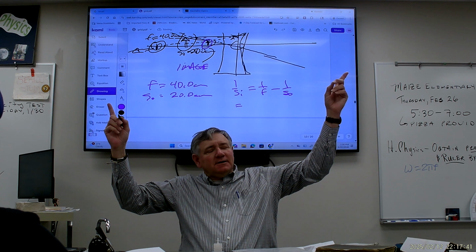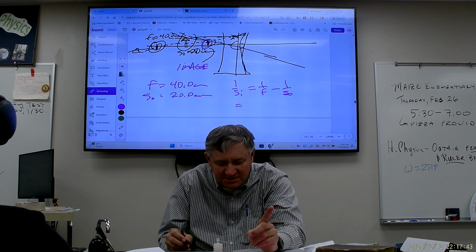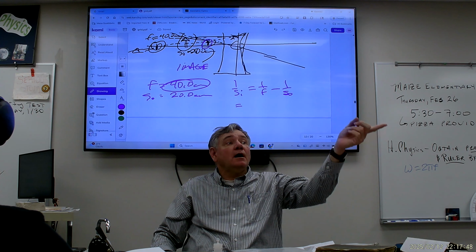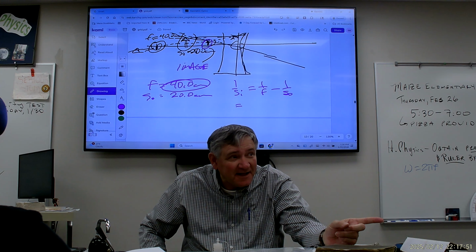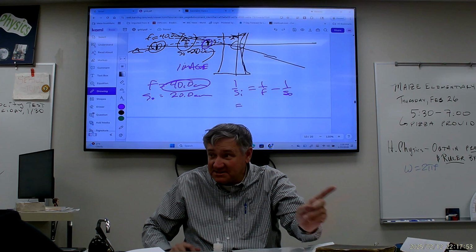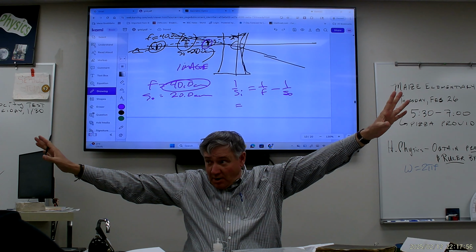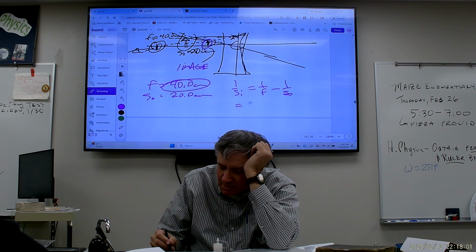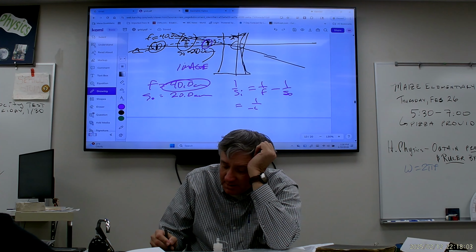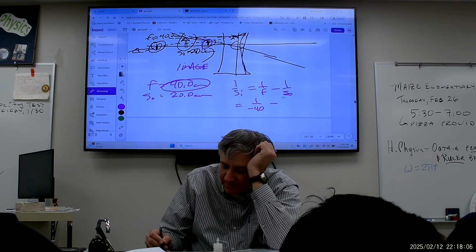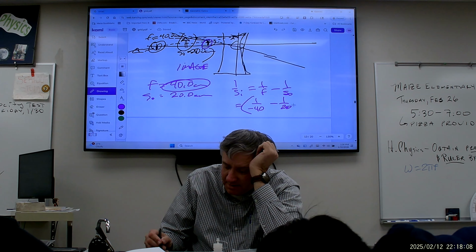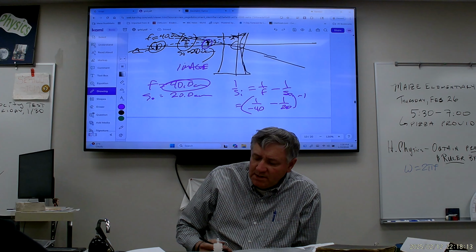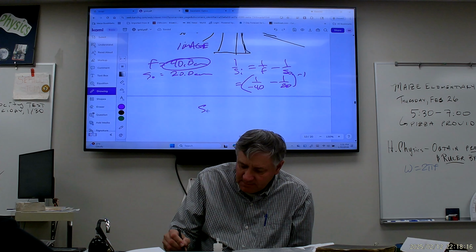Now, is my focal length, which is 40, going to be a positive or negative number? Negative. Why? Because they're going out. It's going to spread things apart, or diverge. So this is going to be 1 over negative 40 minus 1 over 20, and then take the inverse of that.